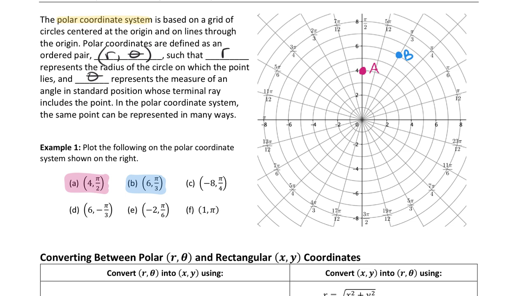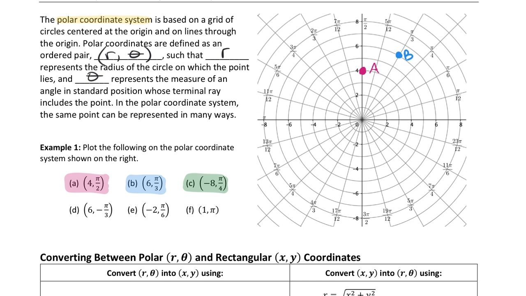What if the radius is negative? You just quit. No. You do actually just start on the other side. So we know, just like with the XY coordinate plane, that this side is positive radii. So which means we can actually start right here. This one says to start at negative 8. So I'm going to the radius of negative 8, but then it says to travel pi over 4.